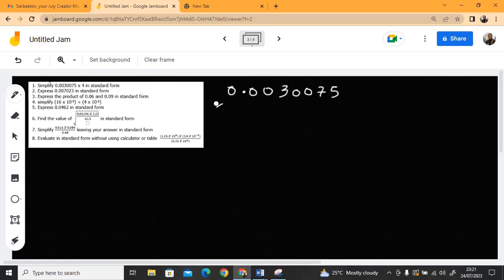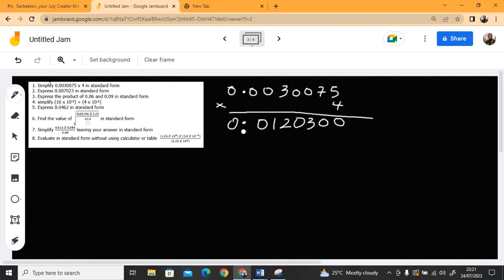So I can just use my normal multiplication. 4 times 5 is 20, you keep 2. 4 times 2 is 8, plus 2 is 10, you keep 1. 4 times 0 is 0, plus that 1. You write your point, then your 0.